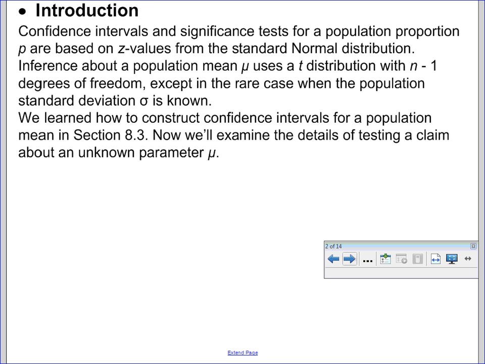So the big thing here is that for proportions we use the Z distribution because it's approximately normal. But when we're taking a sample and looking at the mean, the sampling distribution's standard deviation is determined by the standard deviation of the population we're sampling from.